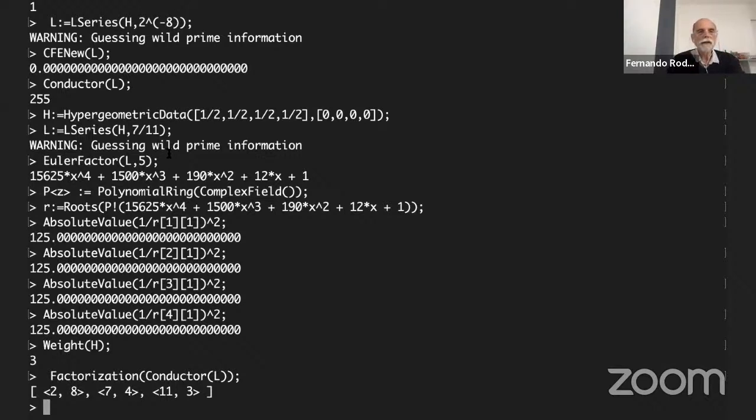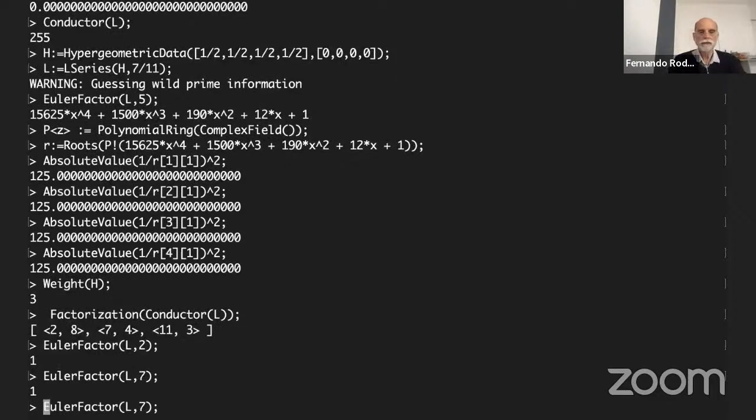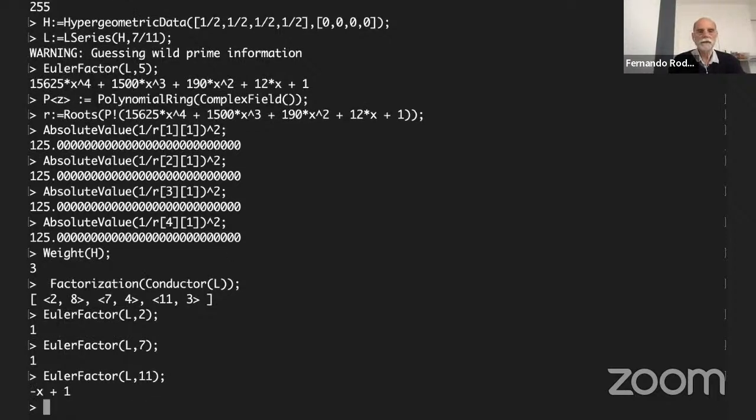And so if I compute the Euler factors at 2 and 7 and 11, I cannot, at least immediately, use the formula that I wrote down. And so Magma is making some guesses that the factor for 2 is 1. The factor for 7 is also 1. And the factor for 11 is also, well, not quite, -1. So it's a degree 1.